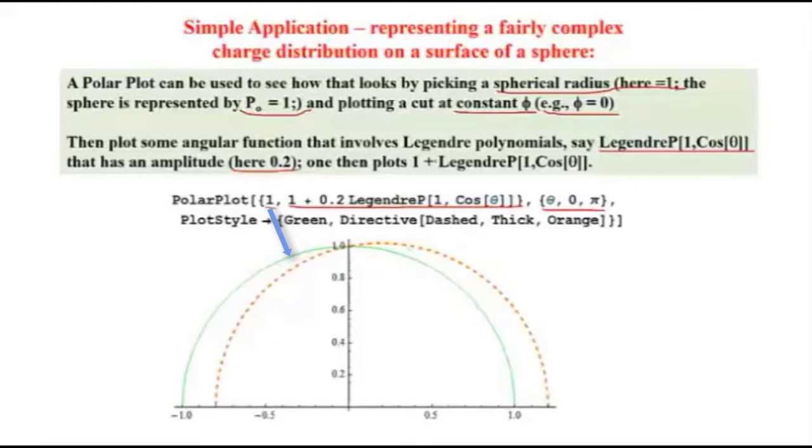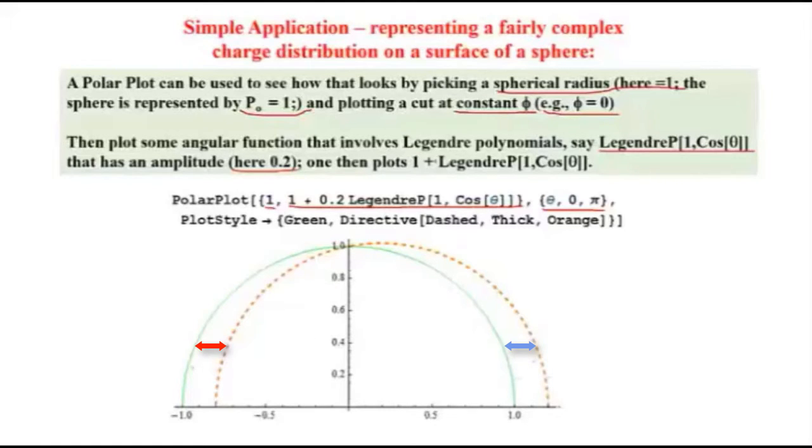The 1 is the green one. So that's the constant value of the polar plot function of theta. And then here's the extra term. Here's theta equals 0, and here's theta equal pi over here. Well, notice what happens is that you have a deviation, which is this function right here, the deviation from 1. And here you have a positive value.